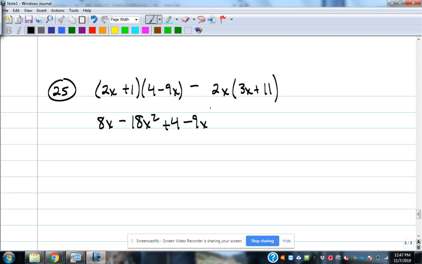And then what am I distributing on the second part there? Just a 2x? A negative 2x. I'm going to distribute the sign with it, so I get a little easier work there. So negative 6x squared minus 22x.